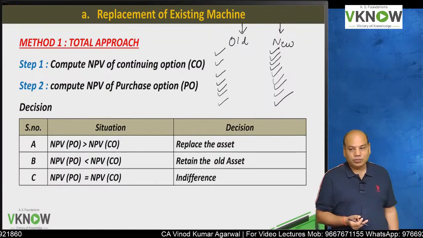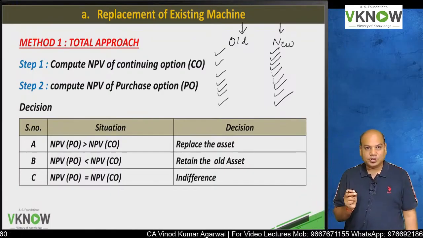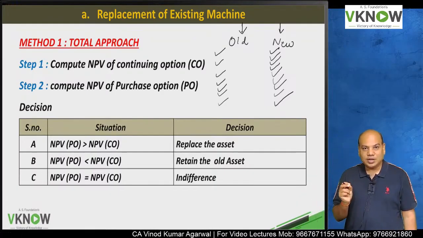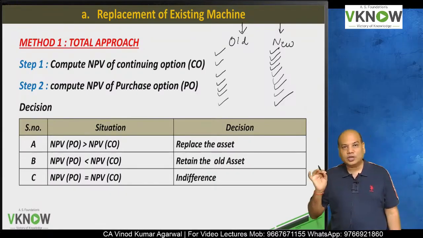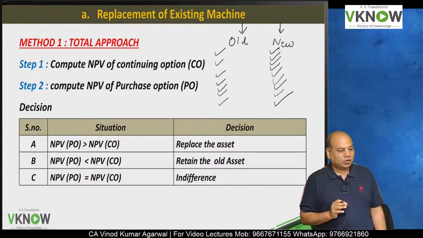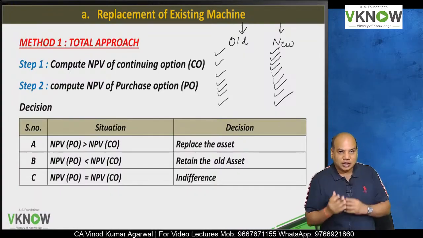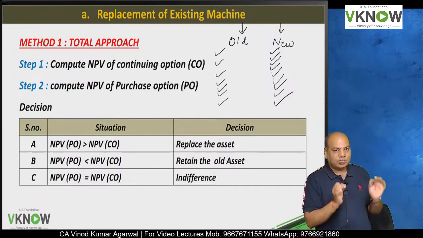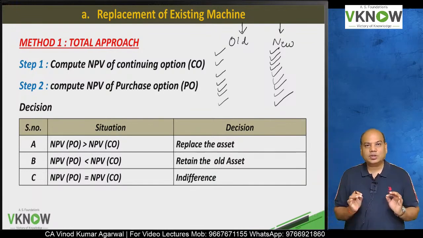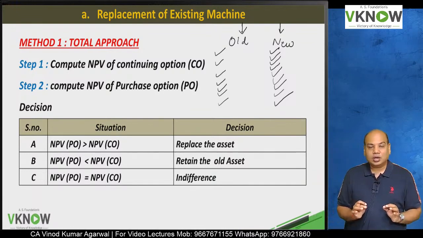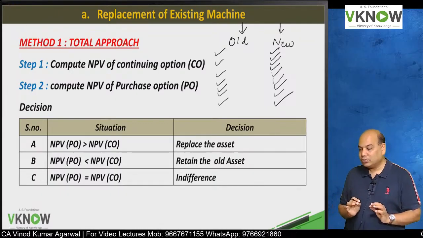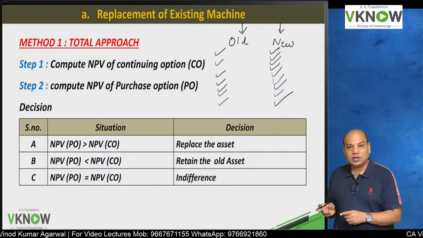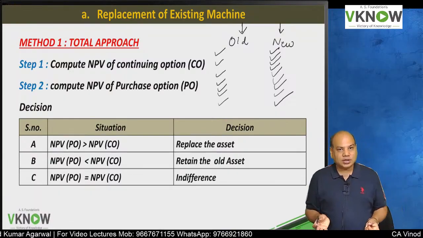If the NPV of the purchase option, that is replacement by a new asset, is greater than the NPV of the continuing option, if by purchasing a new machine it gives me more NPV, I will purchase the new machine. If purchasing the new machine gives me lower NPV, then I will continue with the old asset.